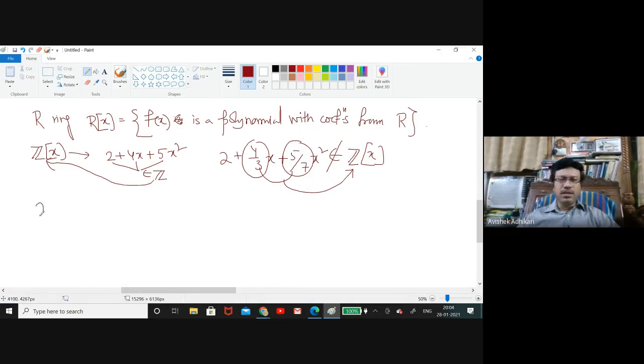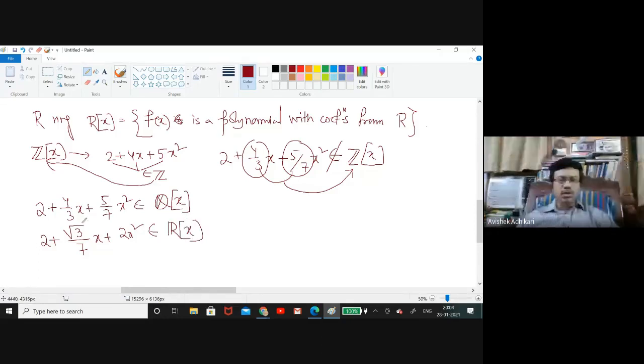But certainly 2 plus 4 by 3 x plus 5 by 7 x squared belongs to R[x] or maybe Q[x]. But if I write 2 plus square root of 3 by 7 x plus 2x squared, then this belongs to R[x] because this coefficient is not within Q. If I write i plus x, then this belongs to C[x] and so on.